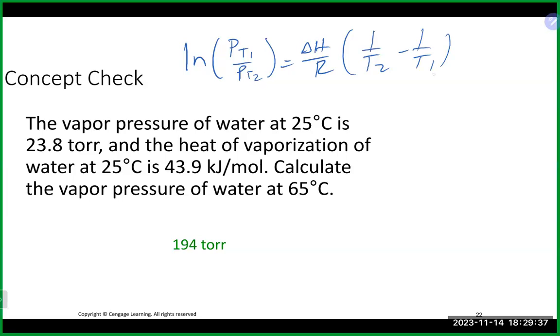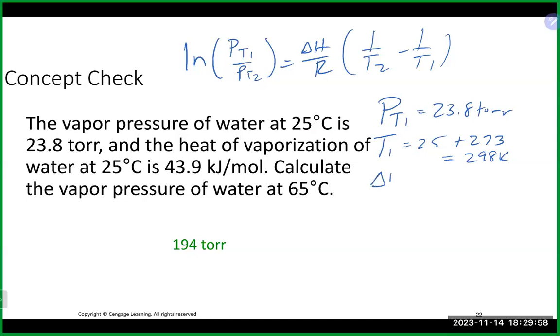So in this case, we will say that our vapor pressure at temperature 1 is going to be 23.8 torr. We will also say our temperature 1 is going to be 25, which we do need to convert to Kelvin, so we'll add 273 to it. We have our delta H of vaporization, 43.9 kilojoules per mole.